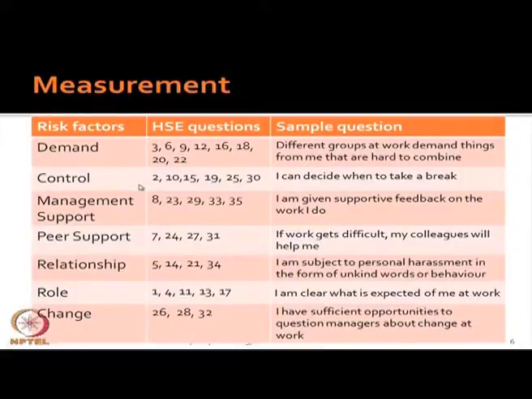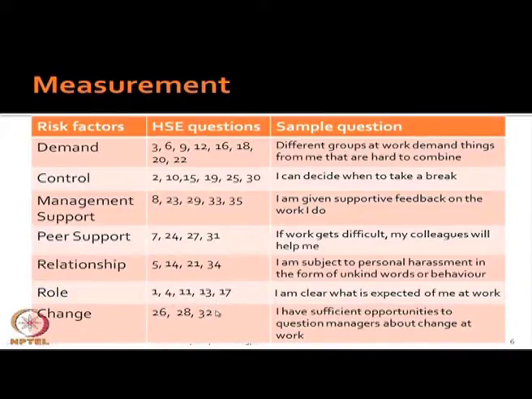Now, you see this table here: demand, control, management support, all those things, HSE questions. First case demand 8, control 6 questions, management support 5 questions, peer support 4 questions, relationship 4 questions, role 5 questions and change 3 questions.